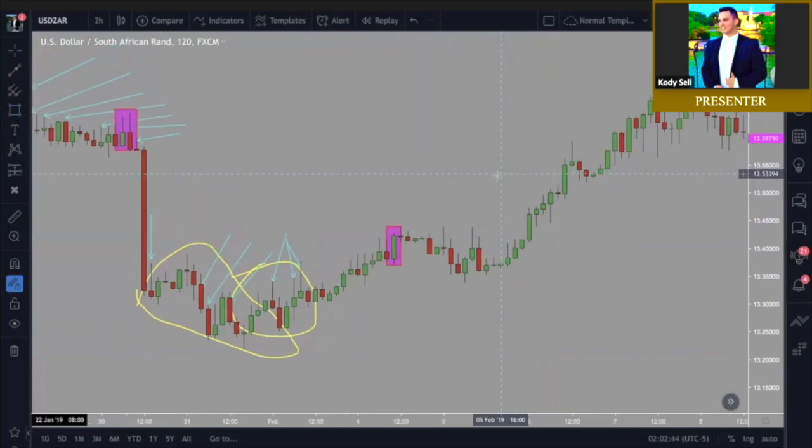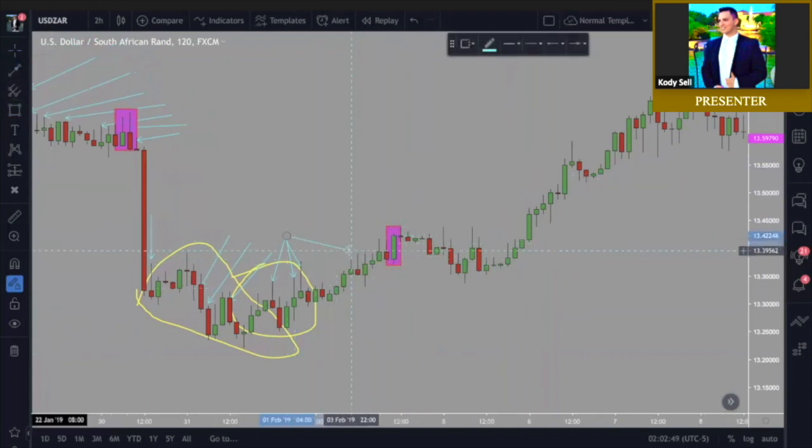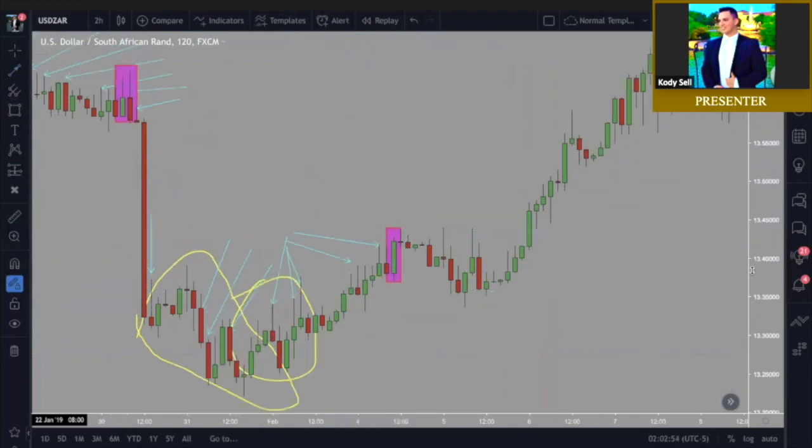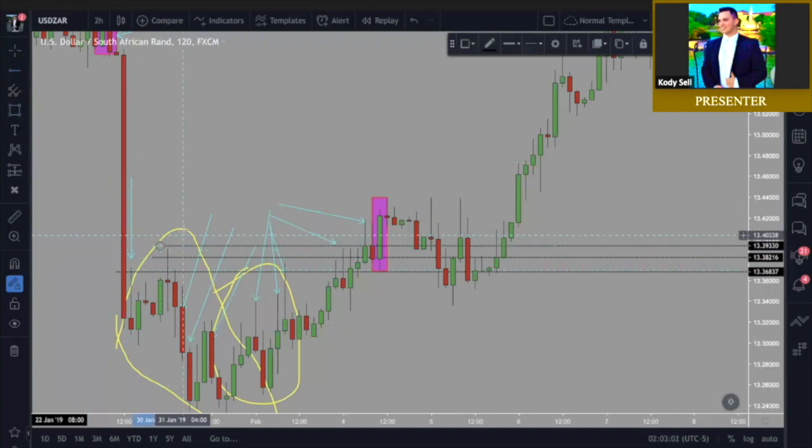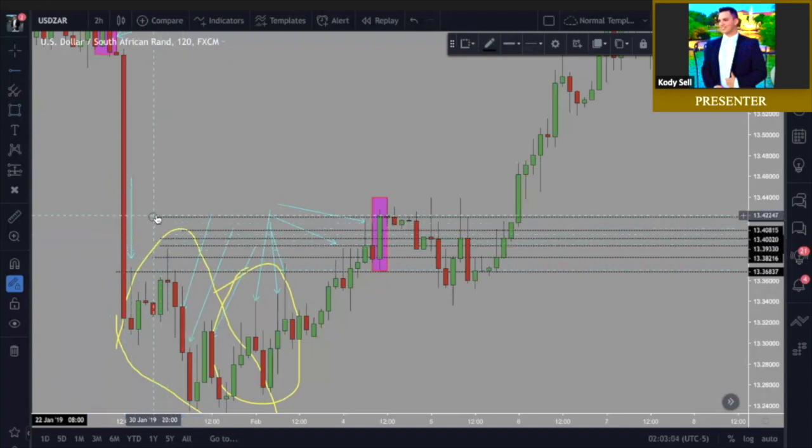Why is that? Well, up until this point, a lot of our candlesticks still had these wicks to the upside. If you look at this candlestick right here, it managed to take out all of these highs. So all of these wicks that were up here, they were being created, they were holding the market.